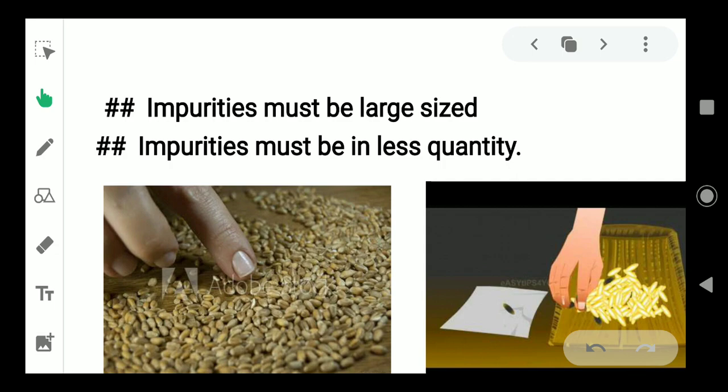If the impurities are in less quantity, we can do it easily. See here, this is a mixture of both harmful and needed substances. From this mixture, this person is taking out the impurities.